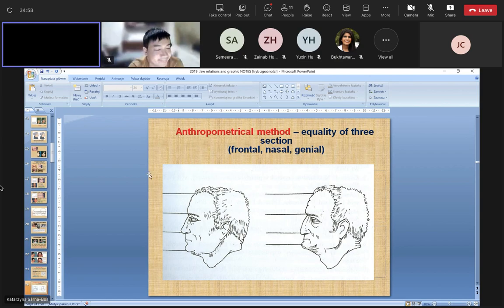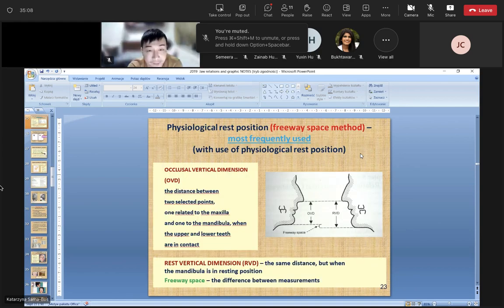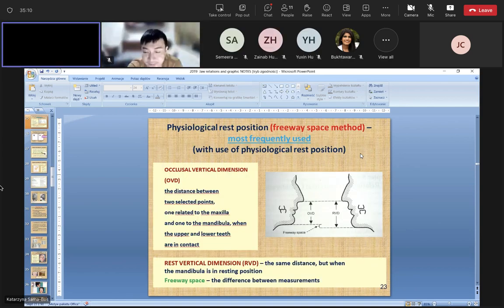Because remember, those 3 parts should be equal to each other: frontal, nasal, and genial. This is the anthropometrical method. And as I told you before, the most frequently used method is the freeway space method. This is the physiological one, which uses the physiological rest position.